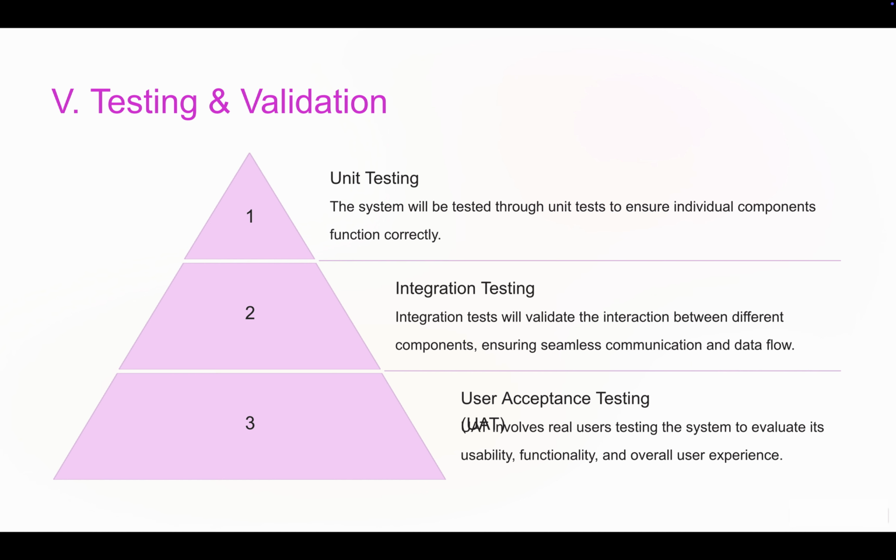And there is integration testing. The integration test will validate the interaction between different components, ensuring seamless communication and data flow. So now that we are done testing them separately, we put everything together and try to see if it works. And for the last point, we have user acceptance testing.